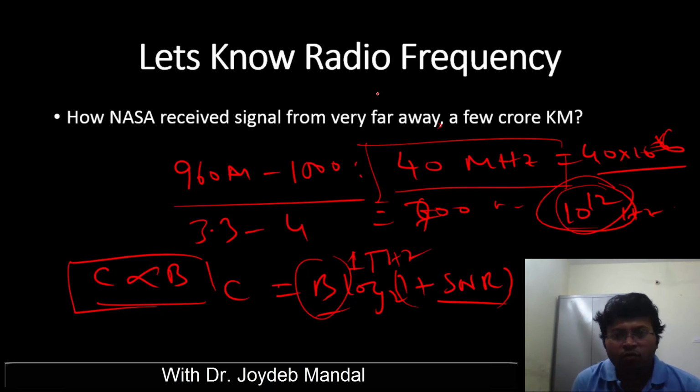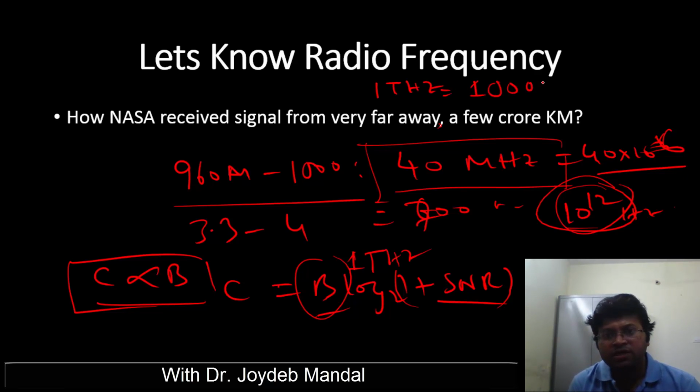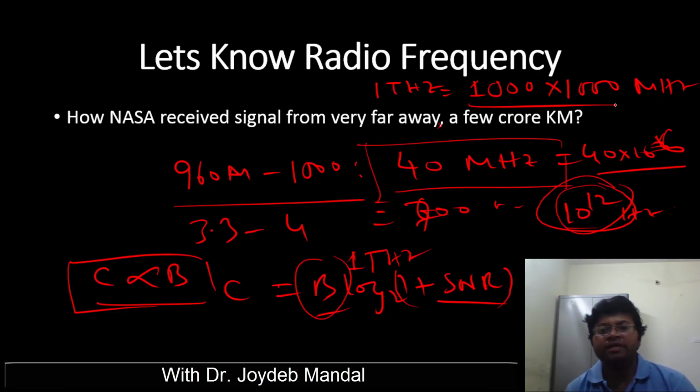So 1 terahertz is equal to 1000 gigahertz, which is 1 lakh megahertz. So instead of 40 megahertz, I am giving 1 lakh megahertz.